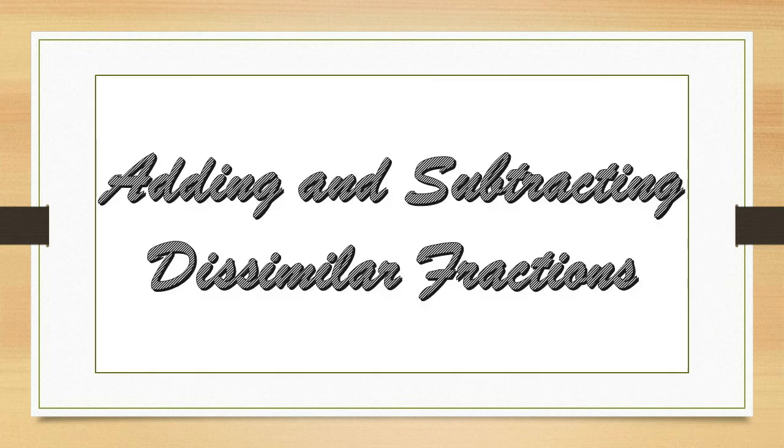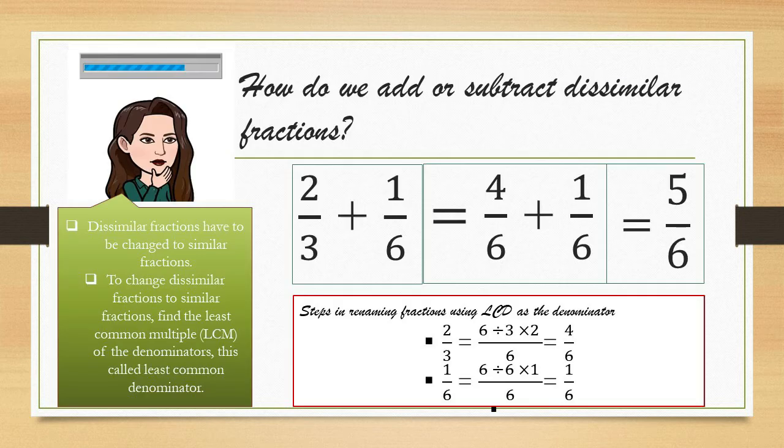Let us go now to adding and subtracting dissimilar fractions. How are we going to add or subtract dissimilar fractions? For this example, 2/3 plus 1/6. The two fractions have different denominators.